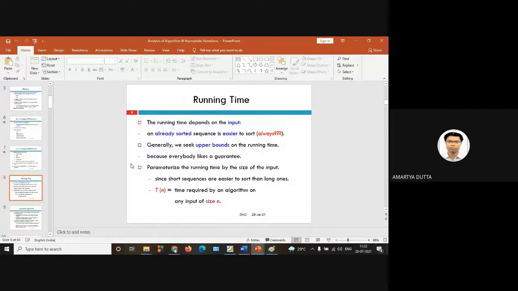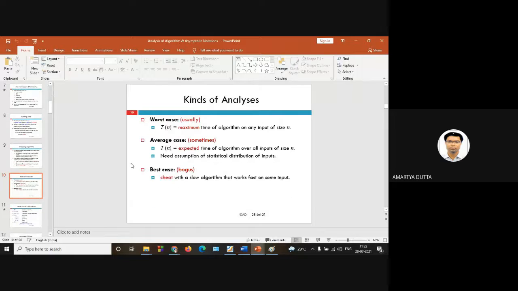Now, for program complexity, we have to use the asymptotic notation. There are 3 ways: worst case complexity, average case complexity, and best case complexity. After devising an algorithm, we can have three cases. Suppose quick sort: after designing the quick sort algorithm, we can have best case, average case, and worst case.